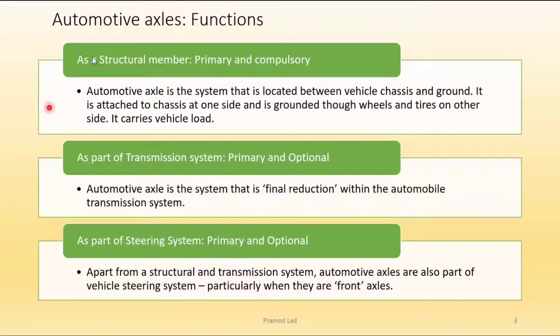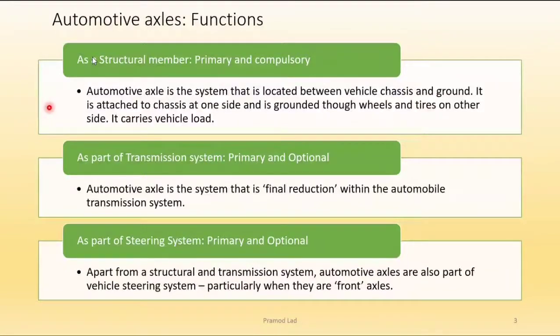It is attached to the chassis on one side and is grounded through wheels and tires on the other side. It carries the vehicle load. So the axle is the system which transfers the vehicle load to the ground through wheels and tires. And this is one of the important functions of the axles.